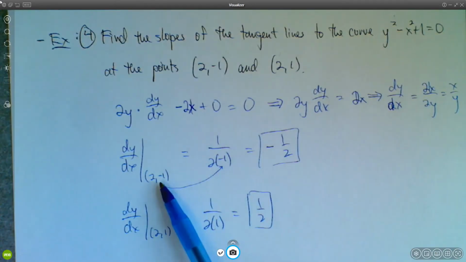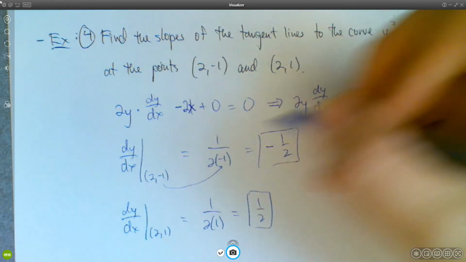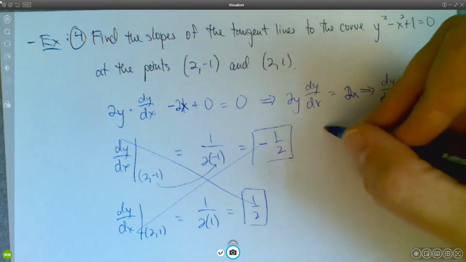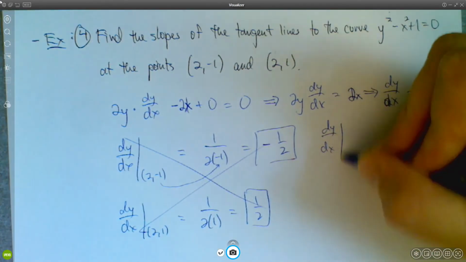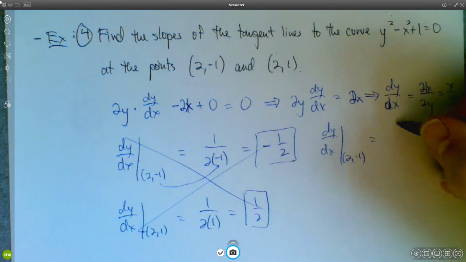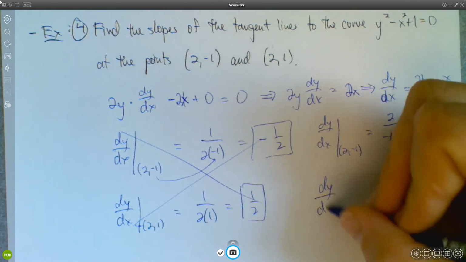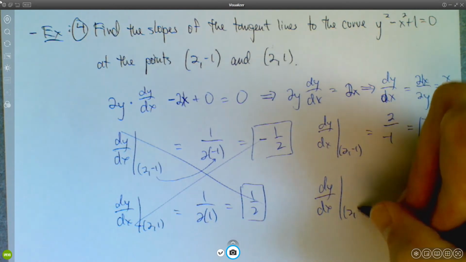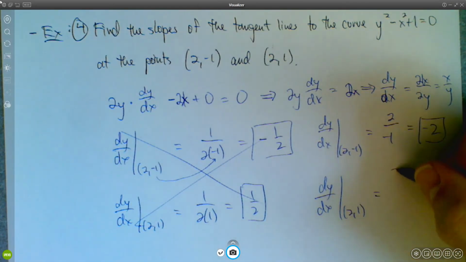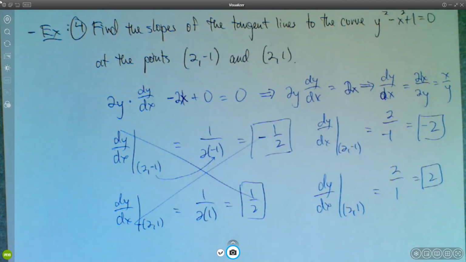And so then when I went to find the derivative evaluated at (2, negative 1), well, I would plug in 2 for x and negative 1 for y and get negative 2, right? And here I would get 2 over positive 1, which is positive 2. Anyway, so that's that one.